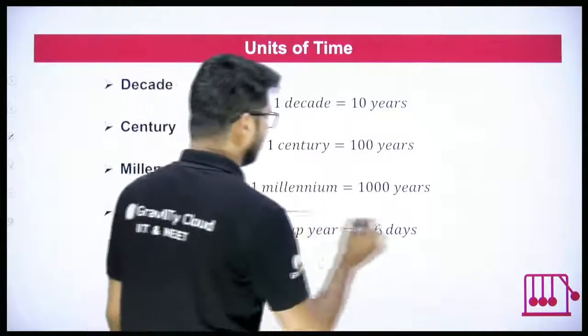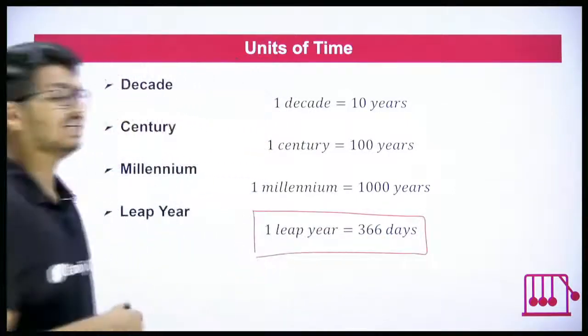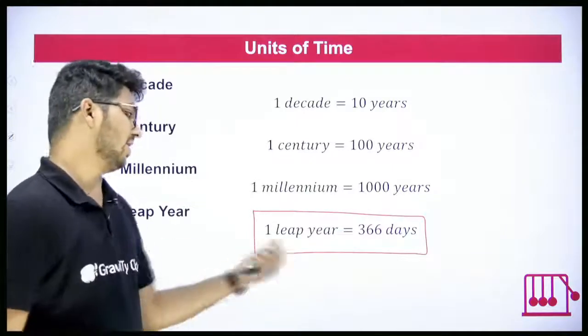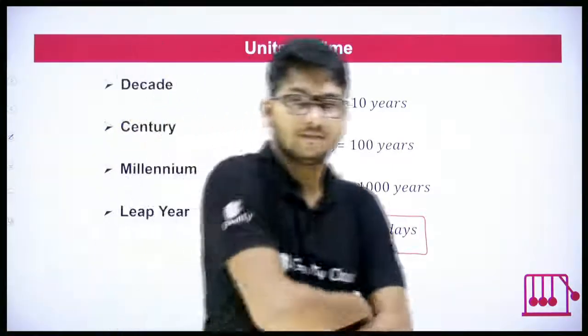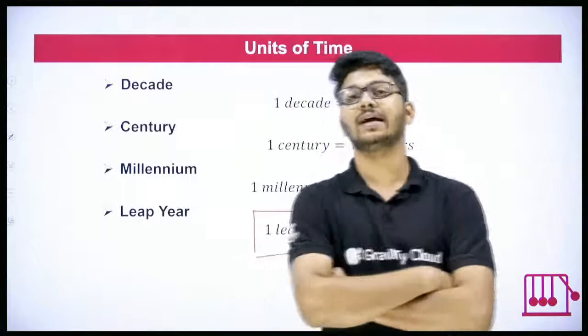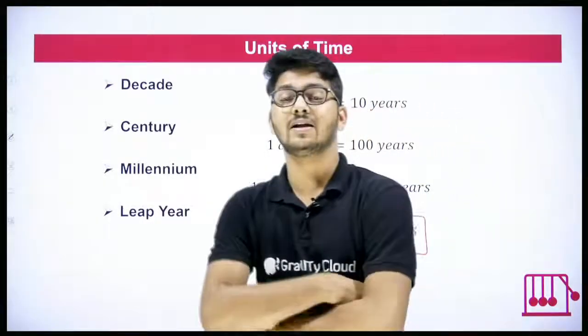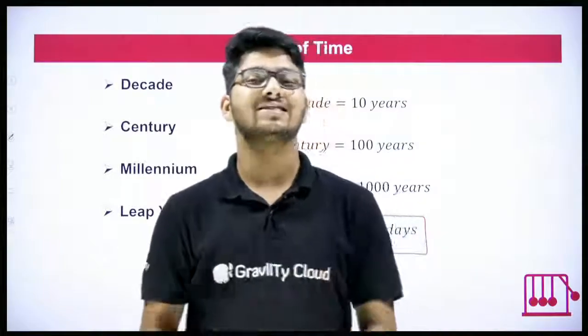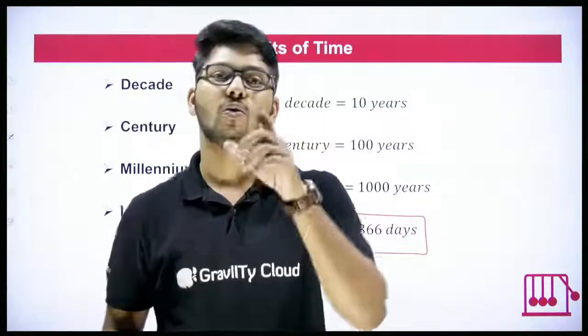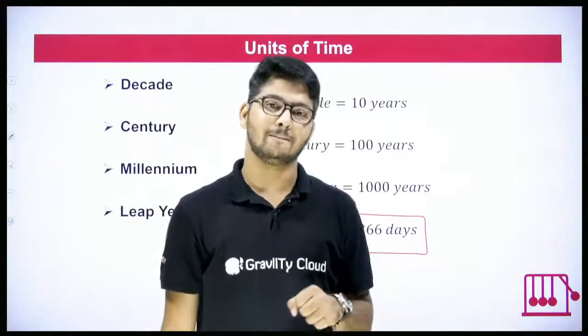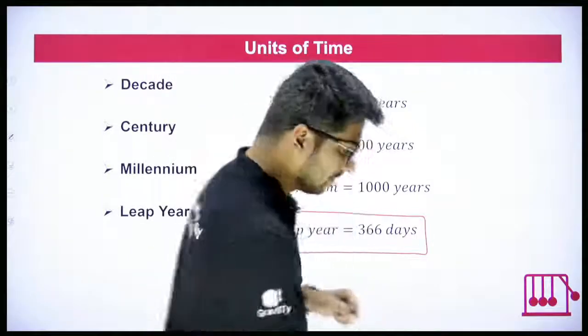So 1 leap year is equal to 366 days. After every 4 years, you get 1 leap year. Every 4th year is a leap year. And what does 1 leap year mean? The specialty is it has 366 days, one extra day. Clear? Okay, that's good.